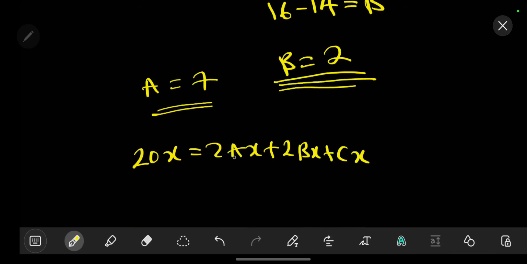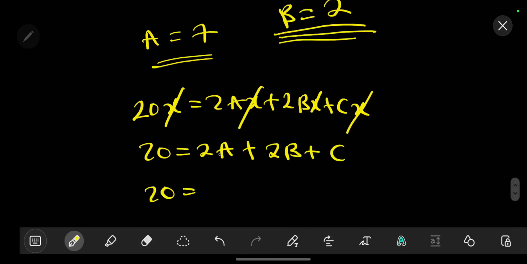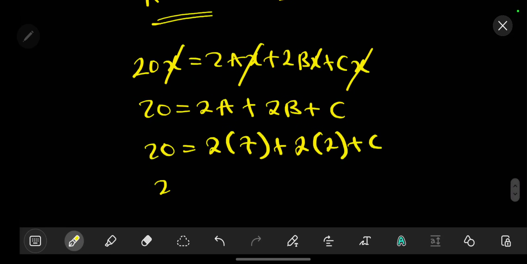Here where x is common, we can cancel it throughout, so that we remain with 20 should be equal to 2a plus our 2b plus our c. We know that a is equal to 7 and b is equal to 2, so 20 is equal to 2 times 7, which gives us 14, plus 4, plus our c.